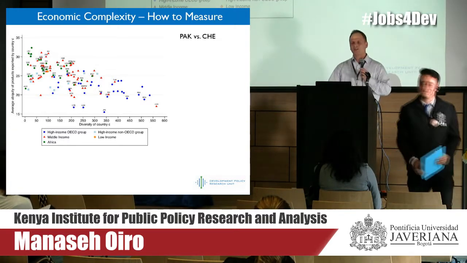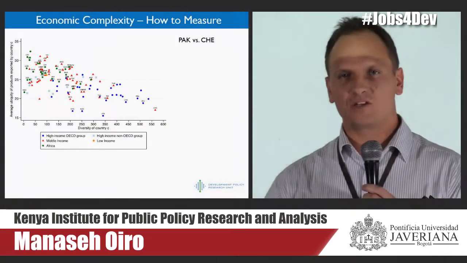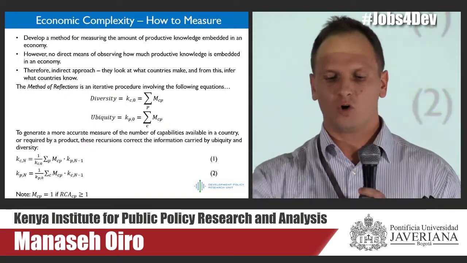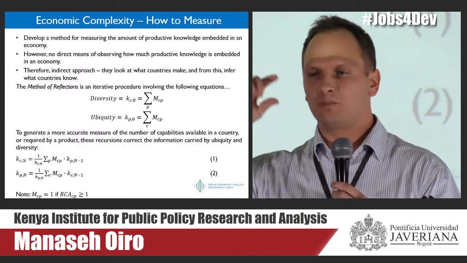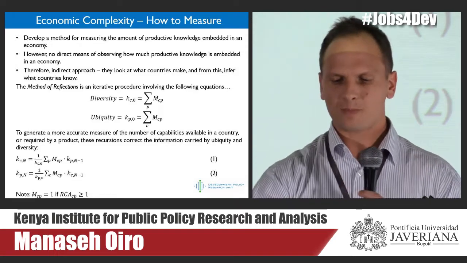So you use that ubiquity information to correct the diversity information, and you start getting at a more accurate measure of the complexity of the country and the complexity of the product.